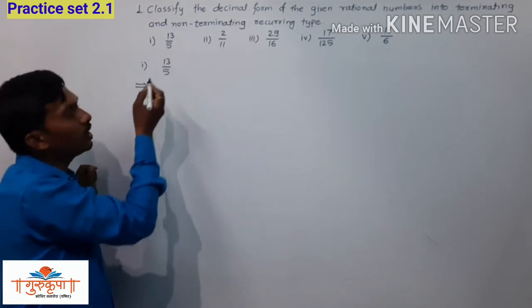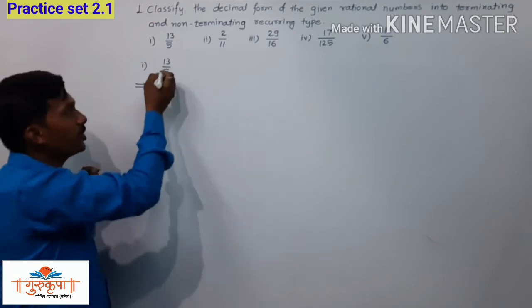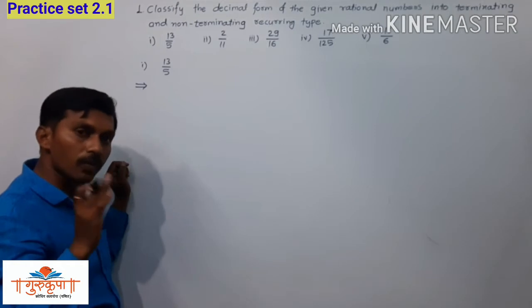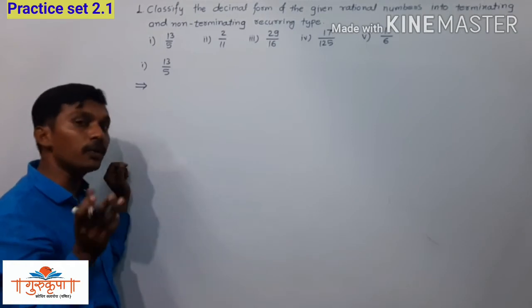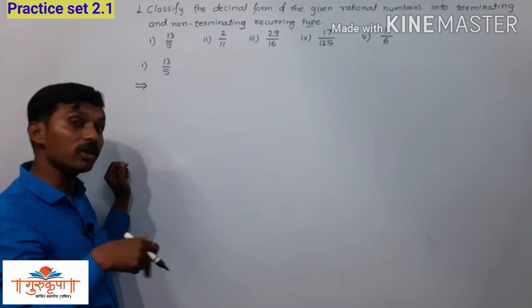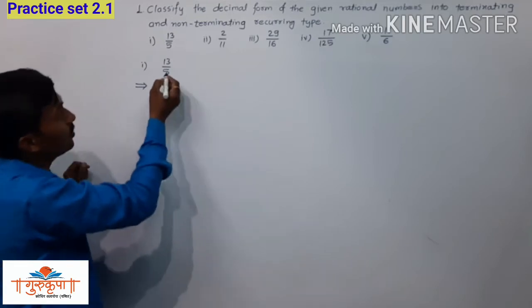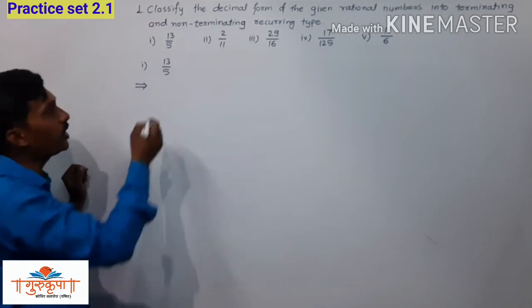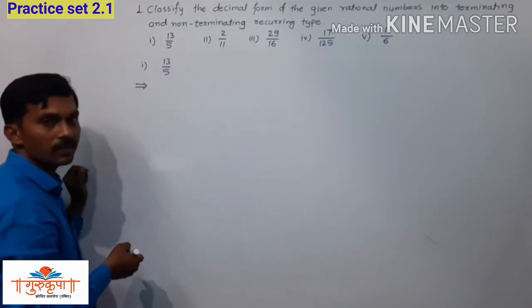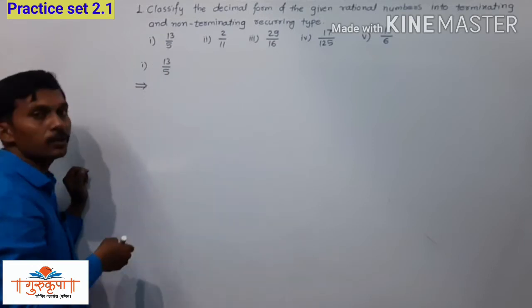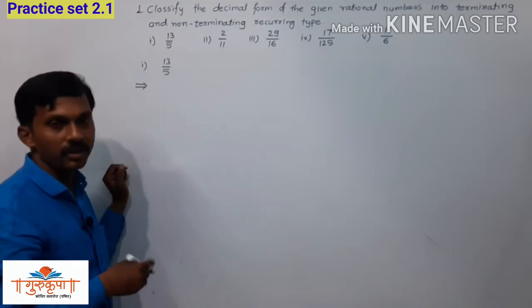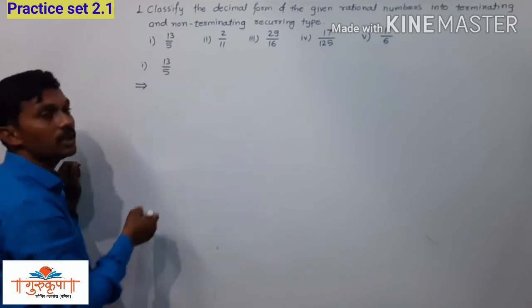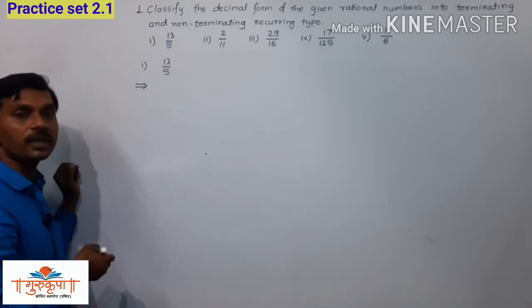If the prime factorization of the denominator is in the form of 2 or 5 or 2 and 5 both. If other number is there in the prime factorization, since we have 5 here, definitely it is terminating decimal form. If we divide this 13 by 5, we will get the division as 2.6 and the division gets completed. So this number is of the form terminating decimal form.